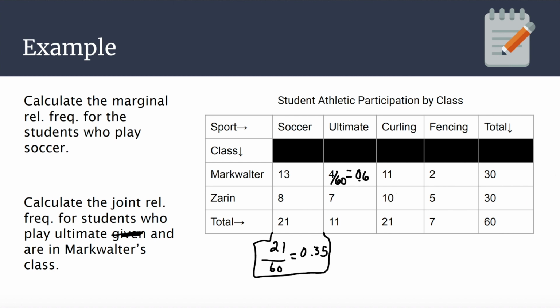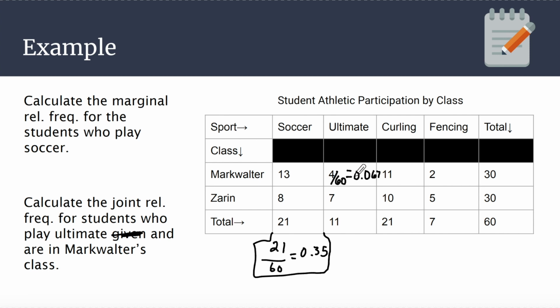I did not even put that decimal place in the right spot. 0.067, my bad, would be the joint relative frequency. The joint is the combination, the joining of Ultimate and Markwalter's class, which is 4 out of the total, which is 60 students. There's the joint relative frequency.